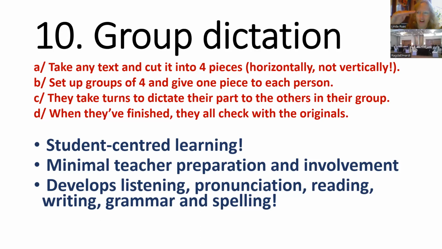You have to cut it horizontally, not vertically. That wouldn't work. You need to set up groups of 4 students and give 1 piece to each person. Then they take turns to dictate their part to the others in the group. And when they've finished, they all check with the originals on the table.